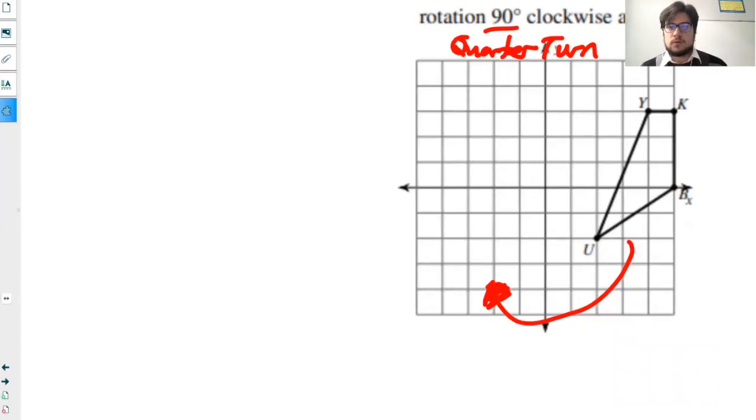So what should my rule be for a rotation 90 degrees clockwise about the origin? Remember, this is the same as a 270-degree rotation counterclockwise about the origin.